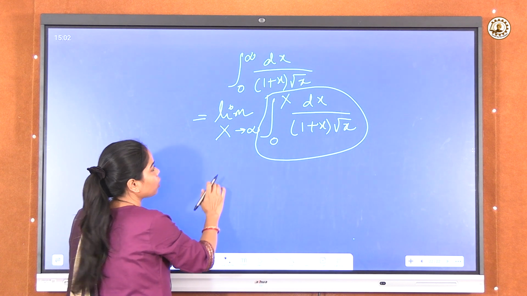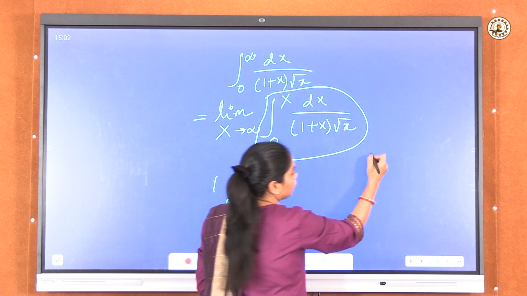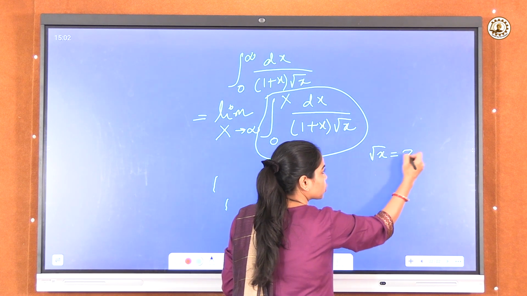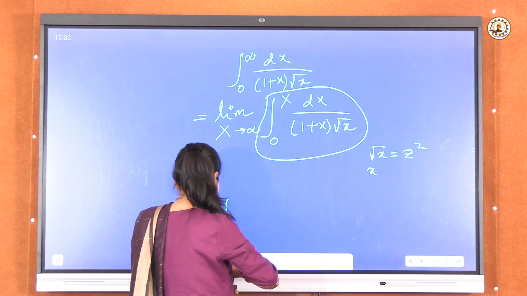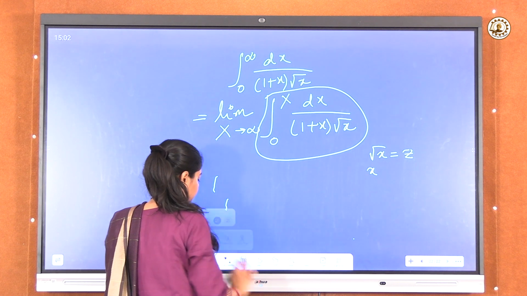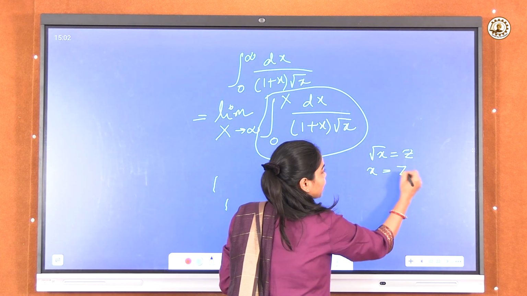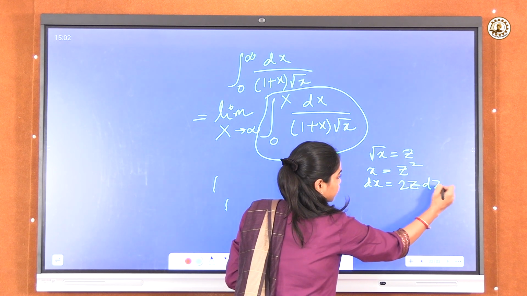Now for solving this integration, we take root x equal to z, so x is equal to z square and dx equals 2z dz.